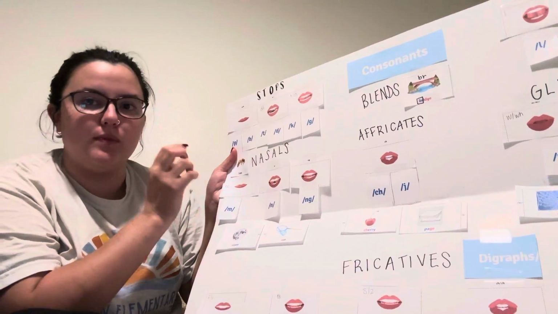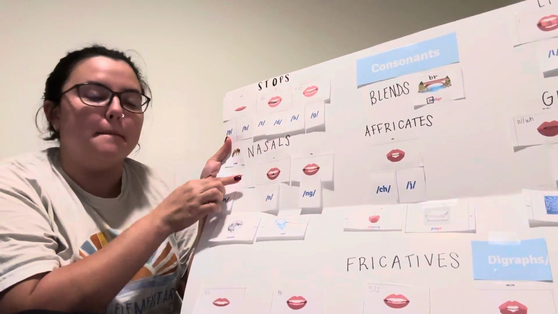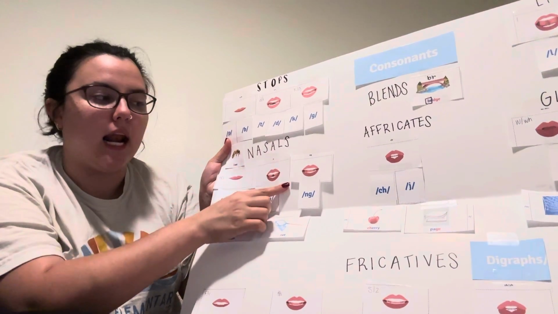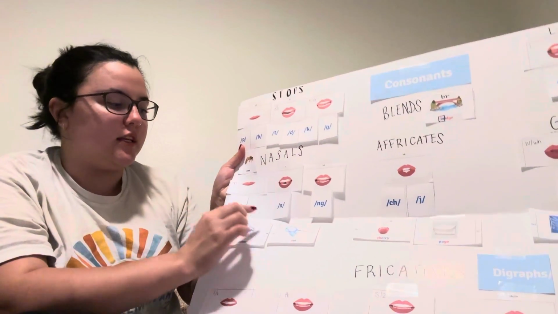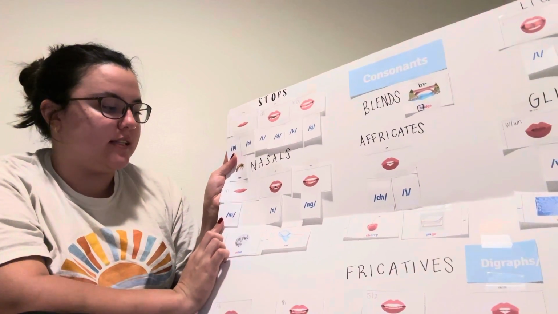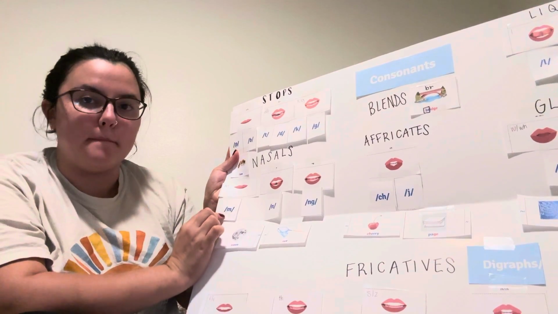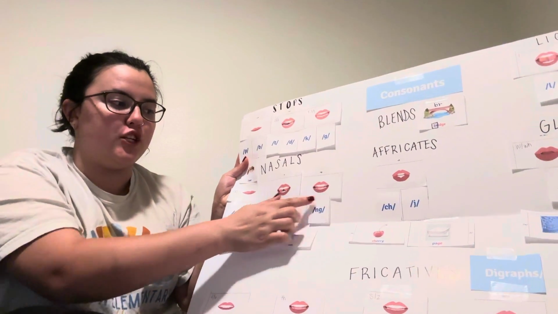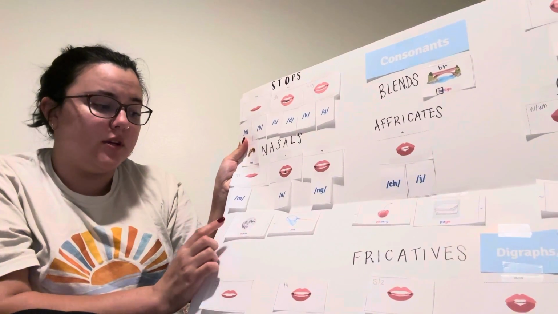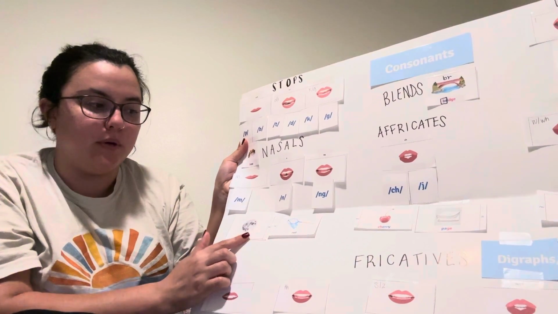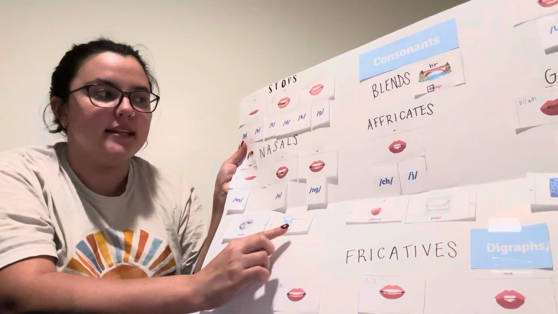So the mouth formations would be m, n, or ng. These are the consonants that go with them, m, n, and ng. Some of the examples are moon and net.